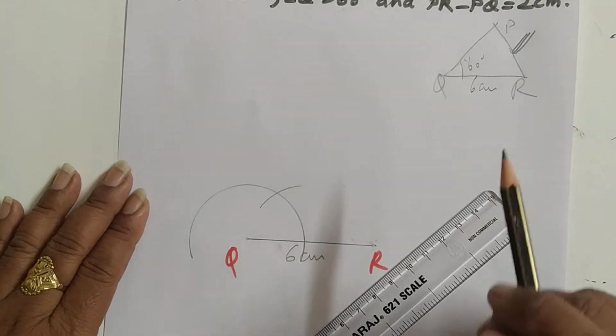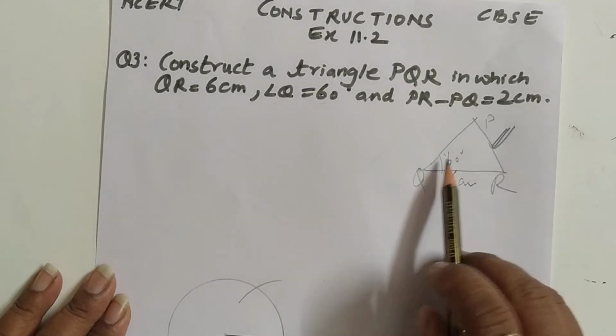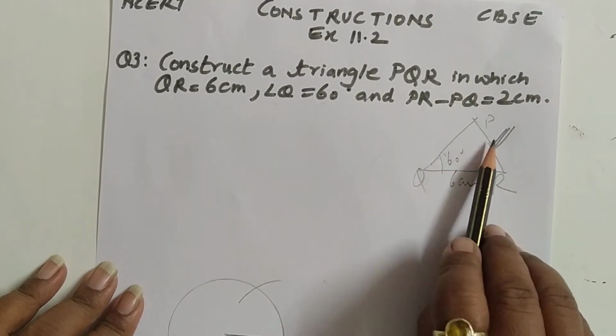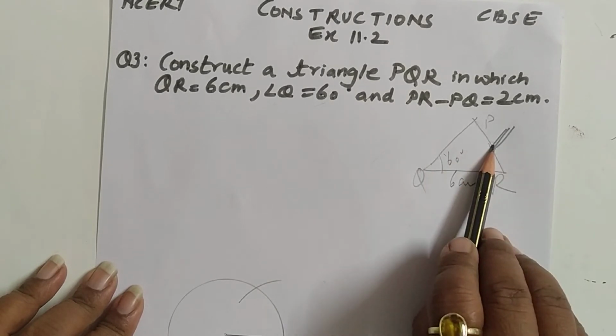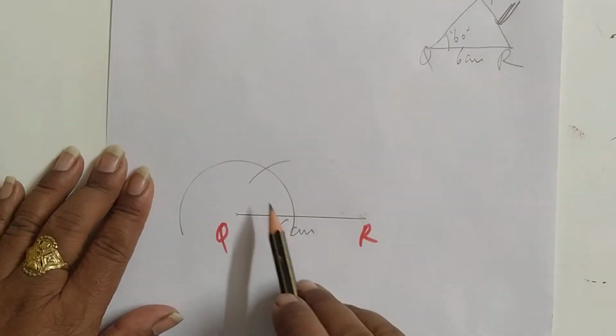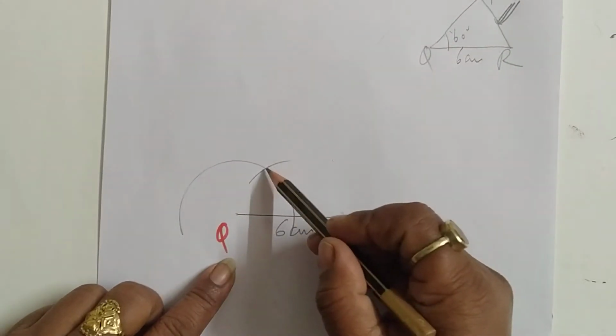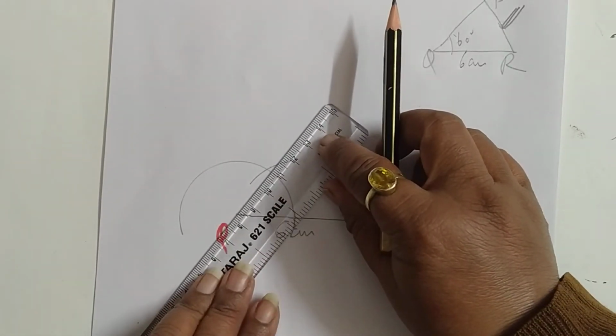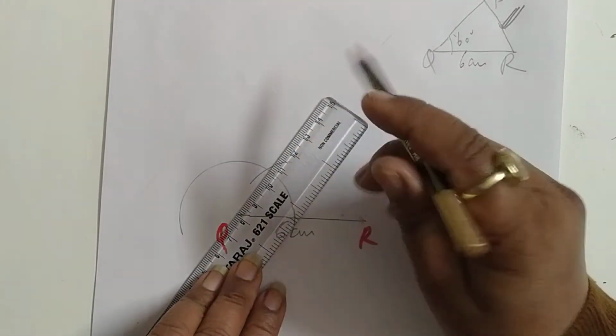Now, the very important step when this case is given to us, where PR is greater than PQ, means this side of the line segment is greater than the first one. So what we have to do after drawing the angle is extend that line to below the baseline also.